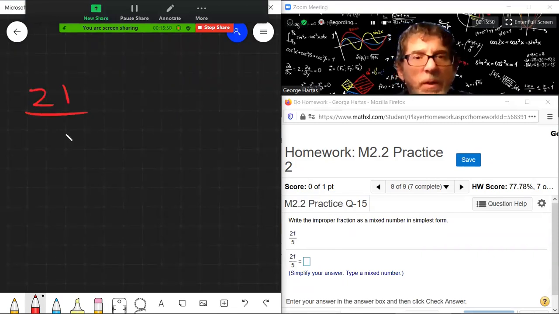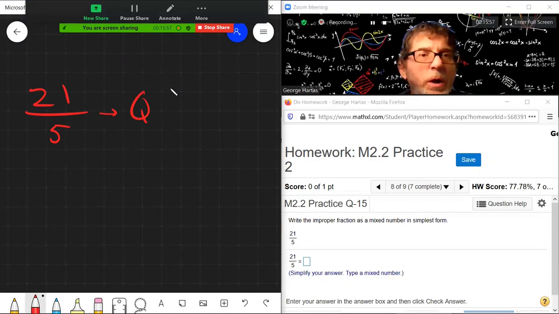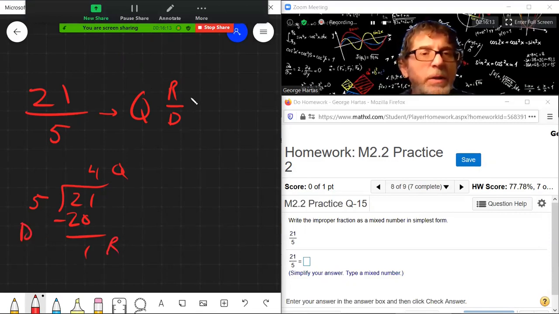21 divided by 5. We know it's QRD. Five goes into 21 4 times. 4 times 5 is 20. Remainder of 1. Q, R, D. Q is 4.